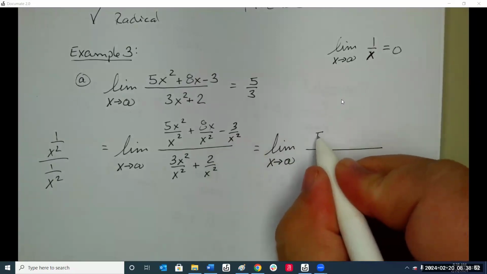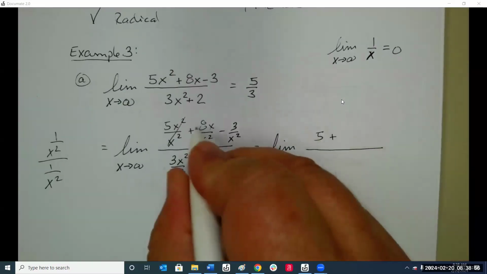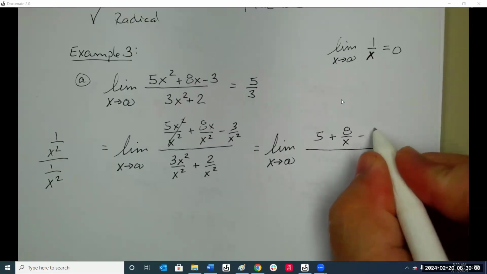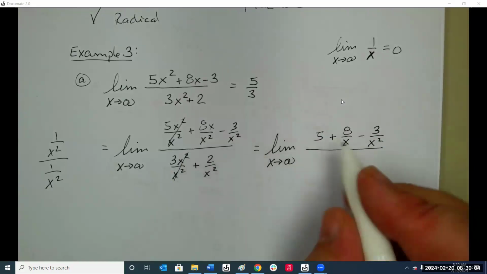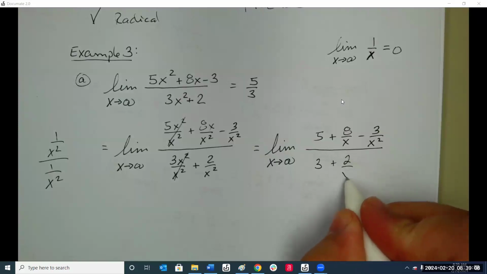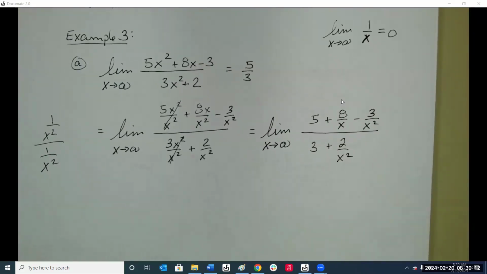In the first ones, the x squares cancel. We have 8 over x, 3 over x squared. So far, so good.